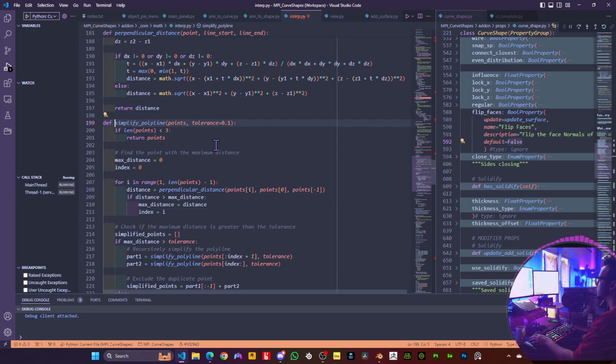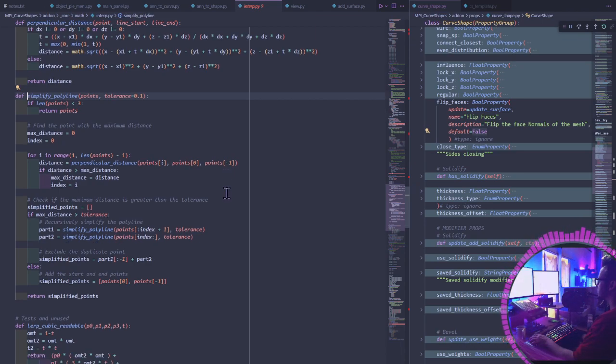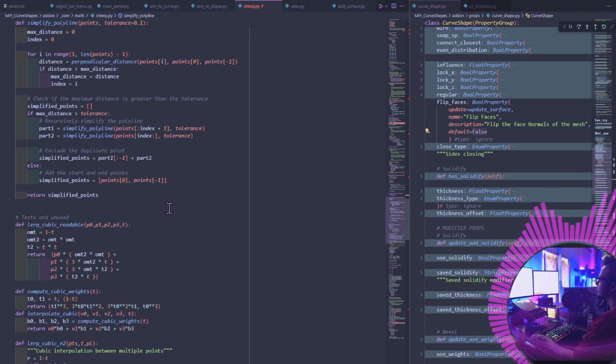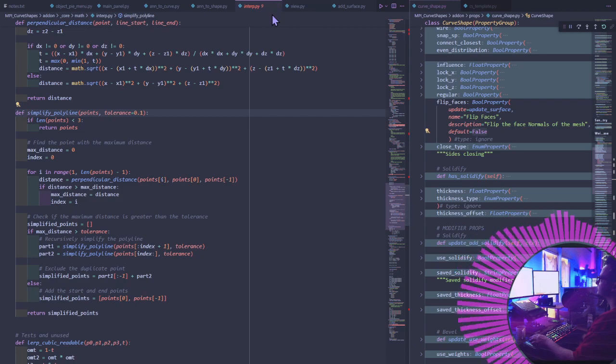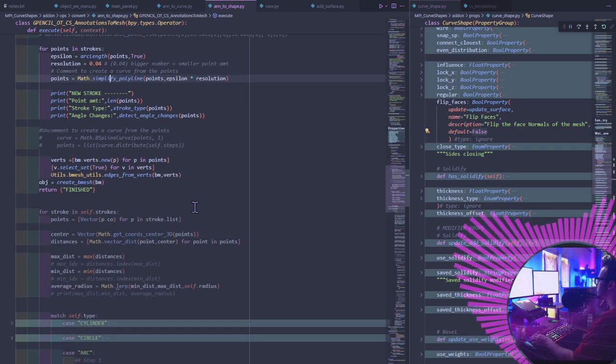And simplify polyline has a bit more code in there, as you can see. I don't want to go through it. It simplifies the polyline, so you end up with fewer points to process.